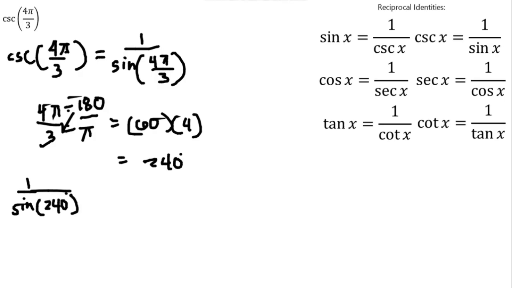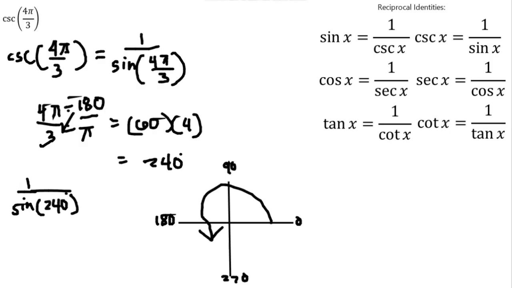Now we're going to solve this angle using the unit circle. 240 degrees is in quadrant 3, so it's going to have a negative sign value. You can draw a right triangle here, you know this method if you're taking my trigonometry course.